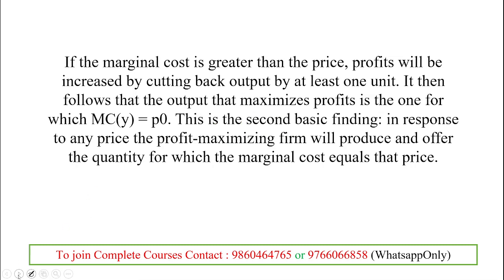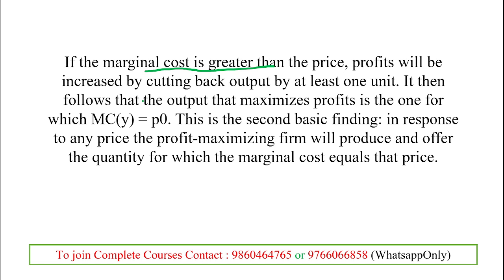And then if marginal cost is greater than price. In the earlier case marginal cost was less than price, and here MC is greater than price. The profit will decrease, so by cutting back output by at least 1 unit, the firm avoids the extra cost.